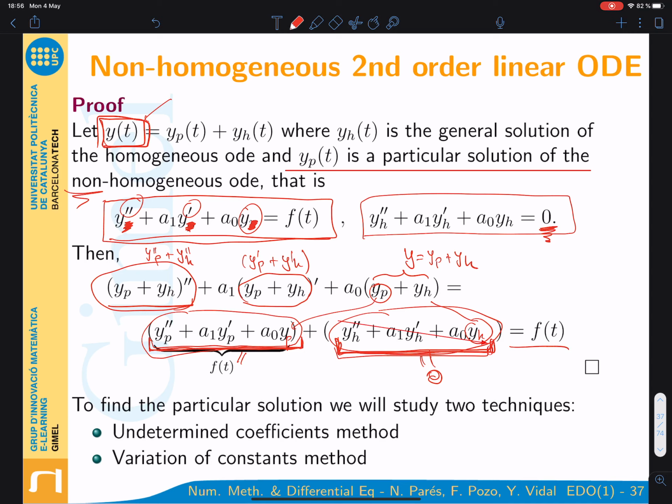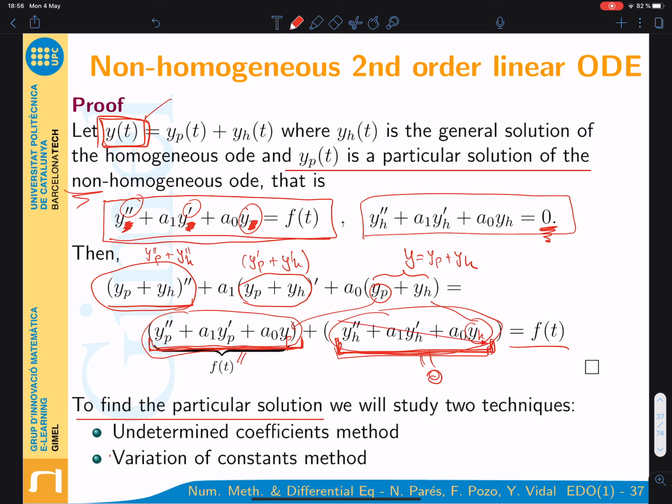So this completes the proof. So, summarizing, in order to solve a non-homogeneous second-order linear constant coefficient ODE, I will just solve the homogeneous equation as we explained in the previous lecture, and then the only thing that remains to be done is to find a particular solution, and this is what we will study now.